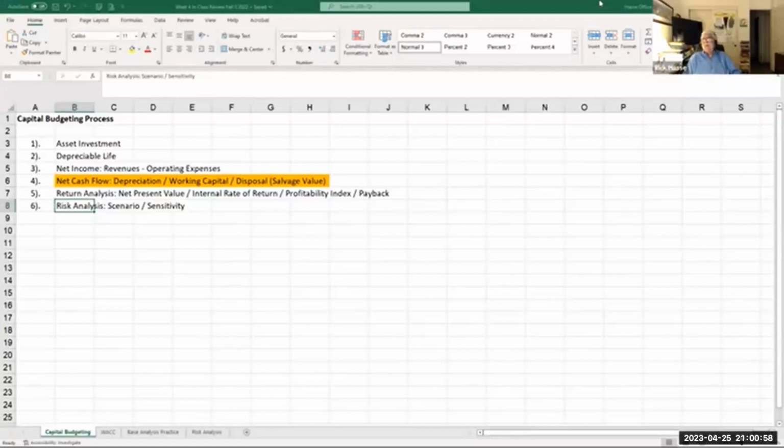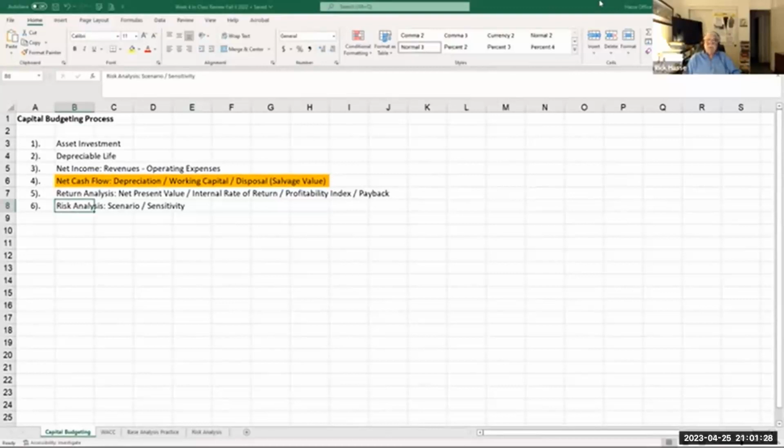Where do they get the money to fund those assets? What is it going to cost them in debt, in equity, to get those assets? What is the depreciable life of those assets? That sets the length of time of the capital budget analysis, the depreciable life. What are the planned income, revenues, operating expenses? What's the net cash flow per year of that investment?